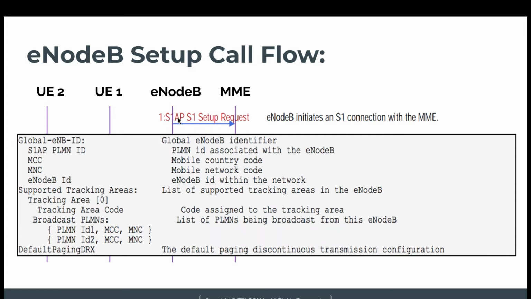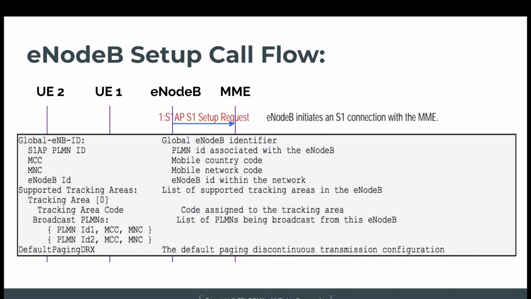This is the S1AP S1 setup request, the message sent by the eNodeB to the MME, where the eNodeB initiates an S1 connection with the MME. It shares the global eNodeB identifier, the PLMN ID, mobile country code, mobile network code, eNodeB IDs, and it also shares the tracking area codes and the list of PLMN data that are being broadcast from this eNodeB.